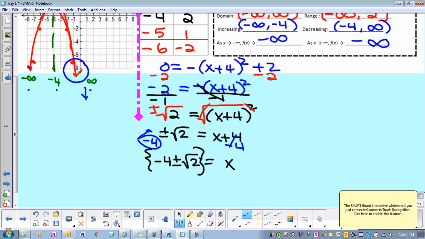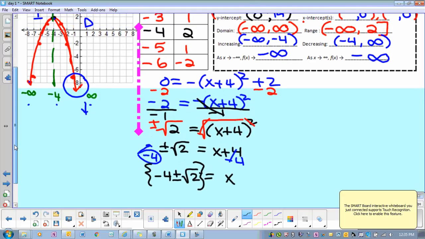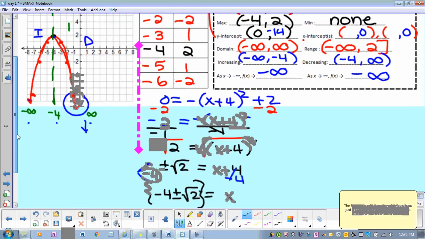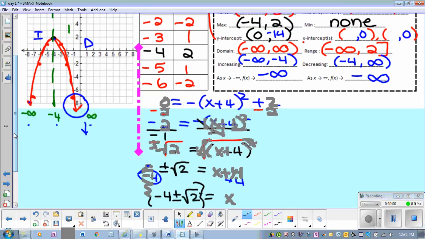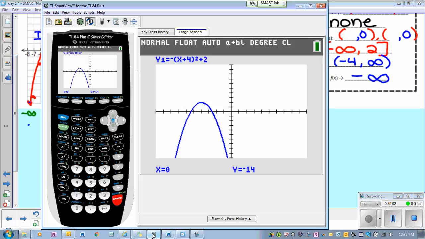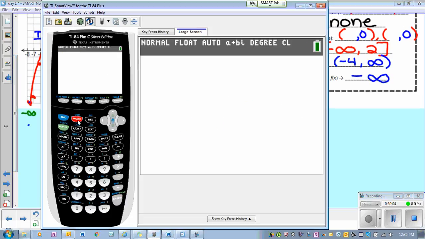Okay? So, that is exact. But on the homework and stuff, we're okay if you give us decimals. So, this decimal is what? Negative 4 plus square root of 2.